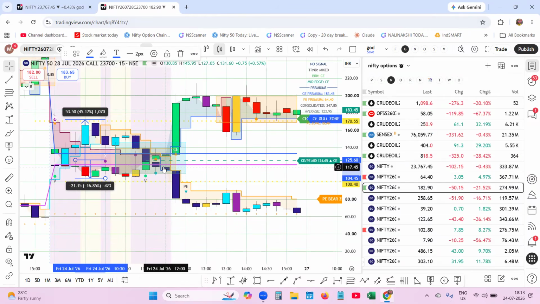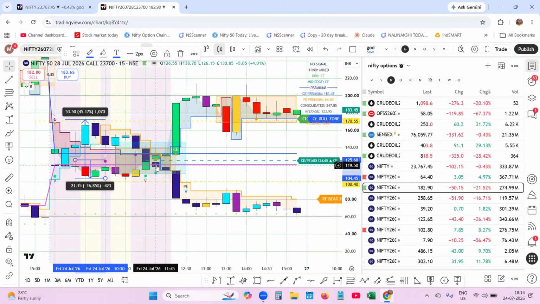Again, they are coming together and extreme compression started. Convergence and compression. And then a box is formed. See, the put option box and the call option box. The call option box is within this range and the put option box is here.